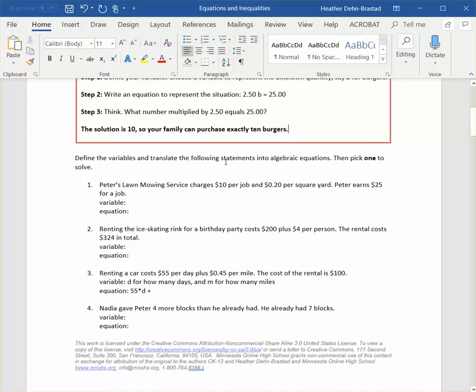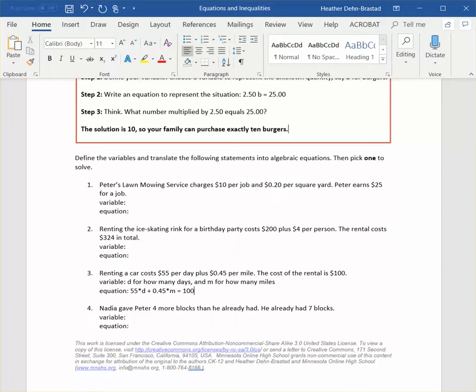Plus, so $55 per day plus 0.45, that's 45 cents, per mile. Per, again, means to multiply, and I'm going to multiply it by M. The cost of the rental is 100. If there's an is, you put an equal sign, and then you put what it's equal to.